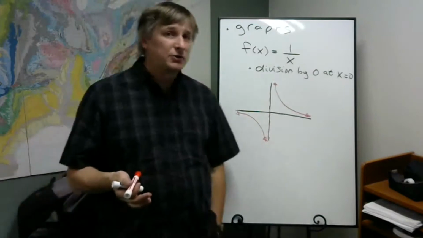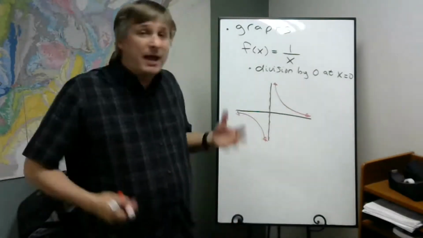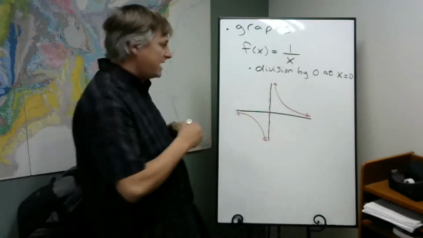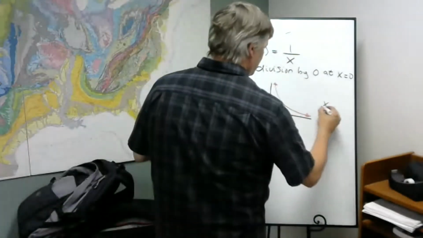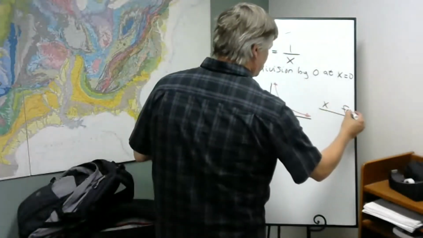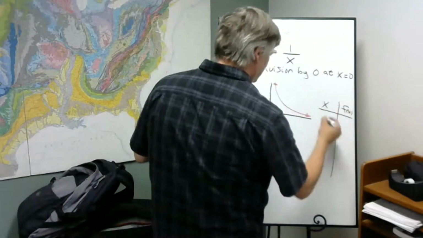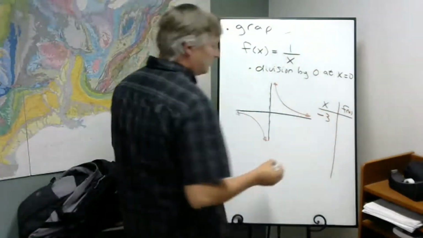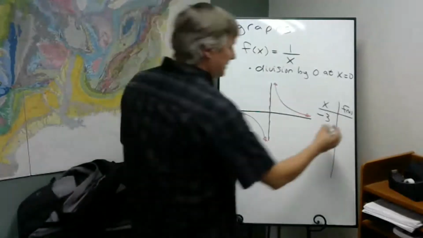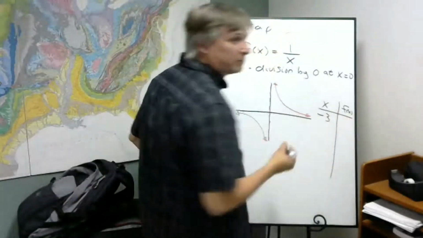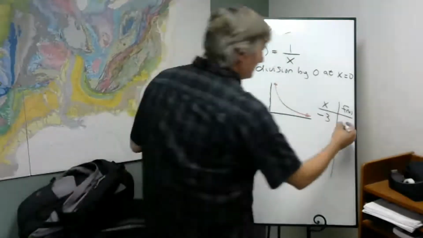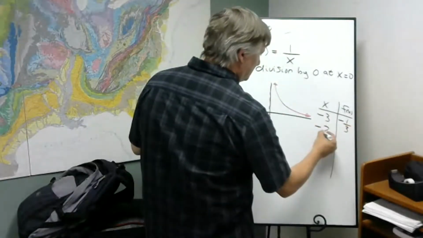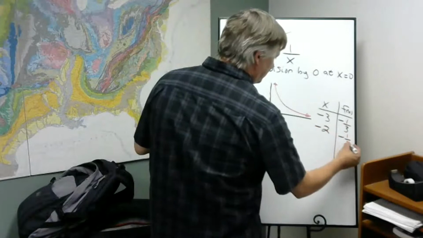Now to generate this function, what you can do is you can do an XY chart. You can say you have an x, f of x. So let's say x is -3. Well, 1 over x would be 1 over -3, or we write that as -1/3. -2, you get -1/2.